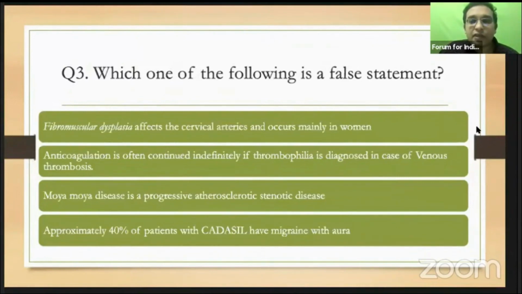We know that it's a highly stenotic progressive disease. Although rare, it is found. And that CADASIL usually is associated with migraine with aura in the younger age group.